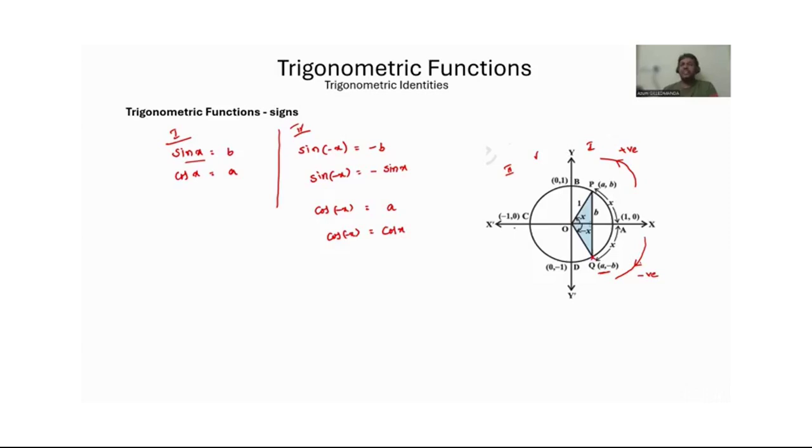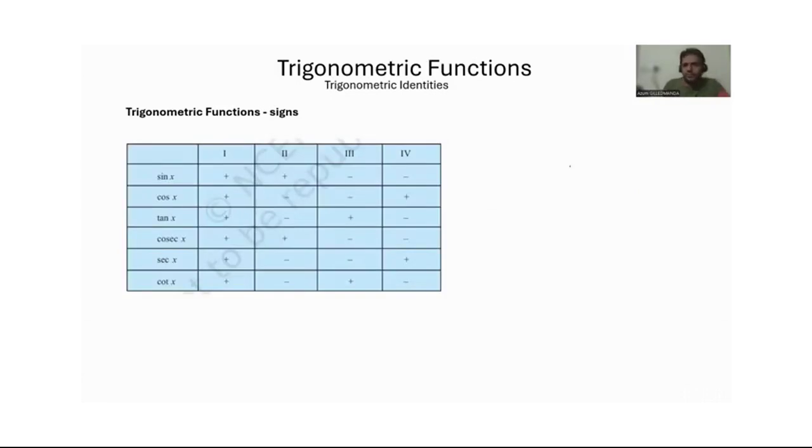Tan is the ratio of sine and cos, so that will be negative, and secant will also be negative. So sine and cosec are positive, and the remaining are negative. Okay, so we will have a table here. Let's look at it. Let's draw the quadrant plane here, guys.